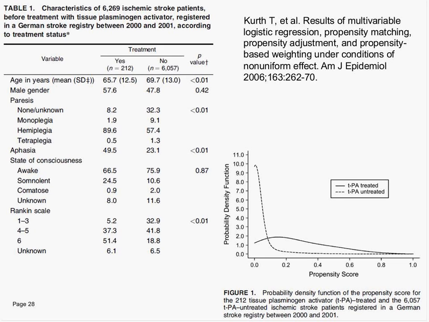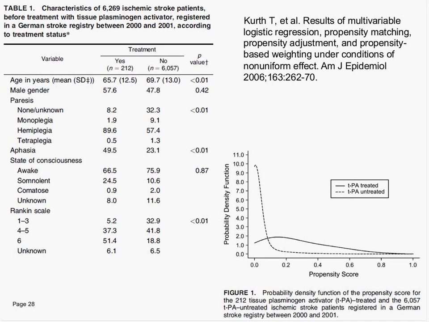He developed a propensity score with a lot of characteristics, a set of which you can see in this Table 1. Patients who received TPA tended to have more paresis from the stroke, more damage that led to paralysis, some aphasia, so speech difficulties, and a higher Rankin scale.